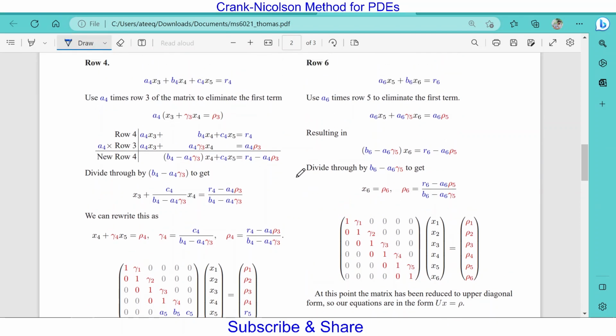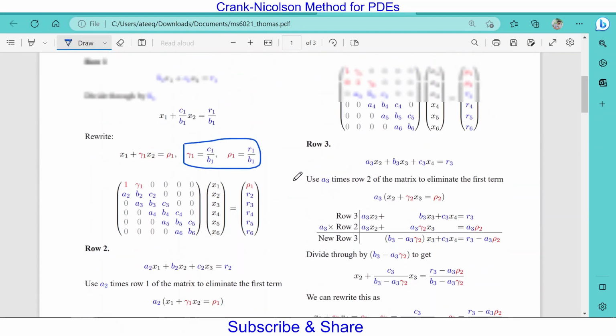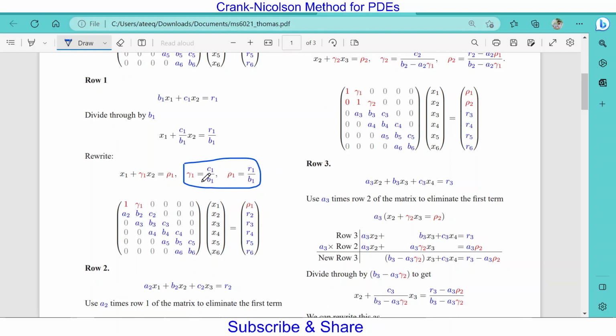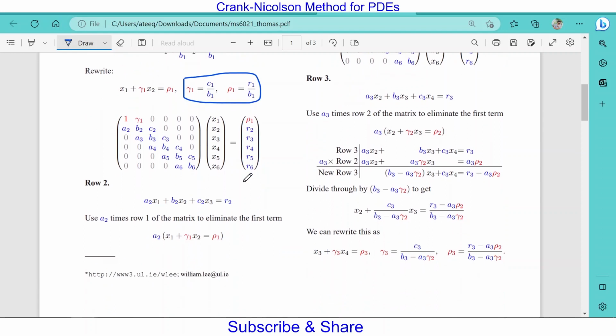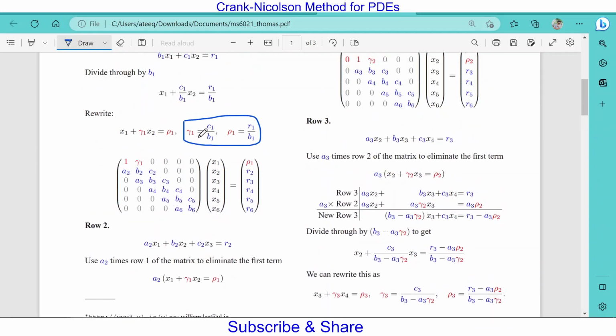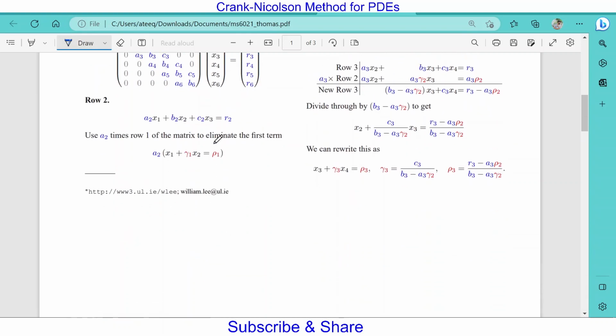If I go back to the document and you observe this carefully, the gamma first and the row first values are different from the pattern of all the other values. So for all other gammas and rows, there will be a pattern, but not for the first value. Let's say we will not use loop for these values.